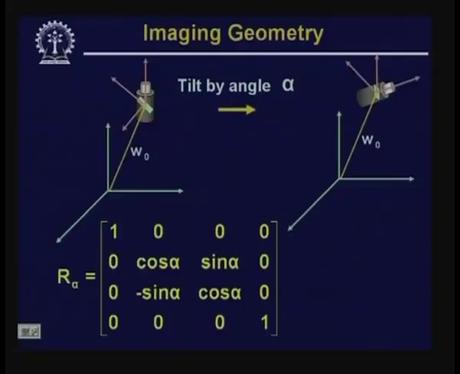So, for this tilt operation by an angle alpha, the corresponding transformation matrix R alpha will be given by 1 0 0 0, 0 cosine alpha sin alpha 0, then 0 minus sin alpha cosine alpha 0 and 0 0 0 1. So, you just recollect that these are the basic transformations which we have already discussed in the previous class, and how these transformations are being used to understand the imaging process.